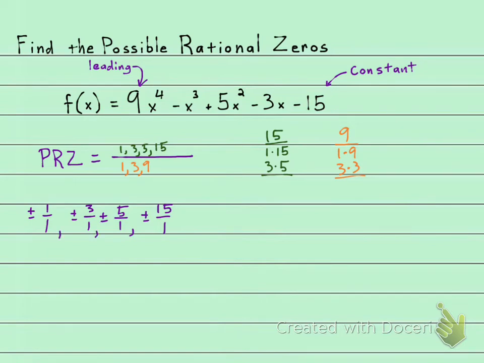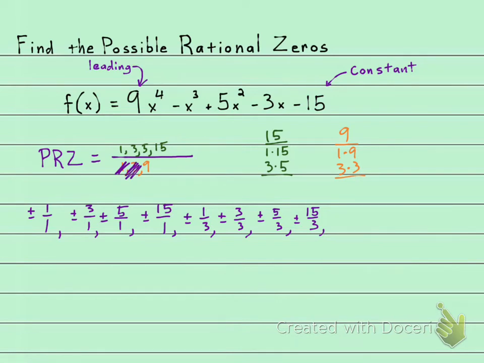Now I'm going to do everything over 3: plus or minus 1 over 3, plus or minus 3 over 3, plus or minus 5 over 3, plus or minus 15 over 3. So I used up all the 1s, I used up all the 3s.